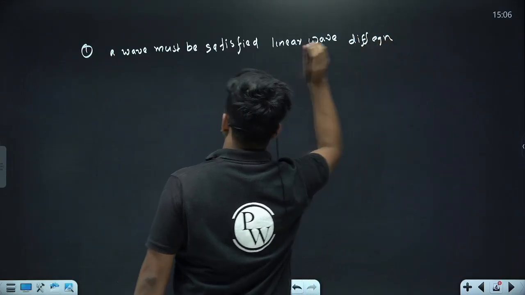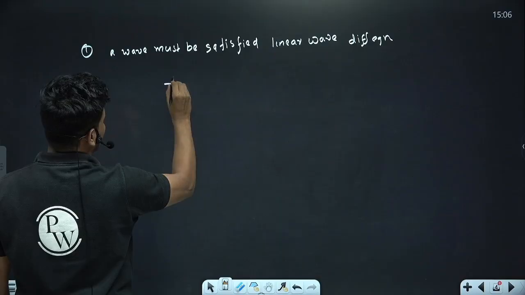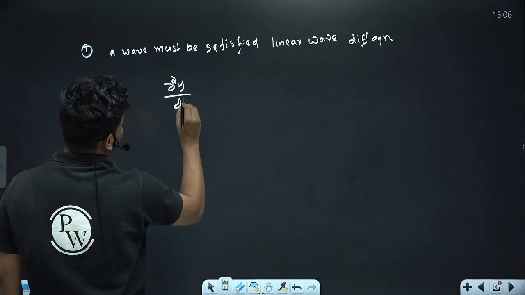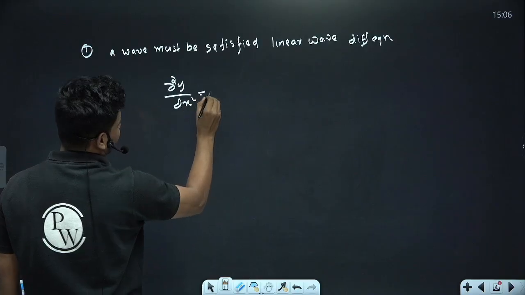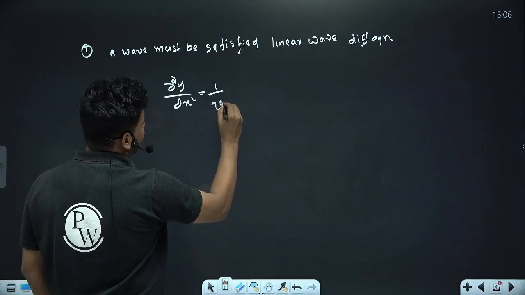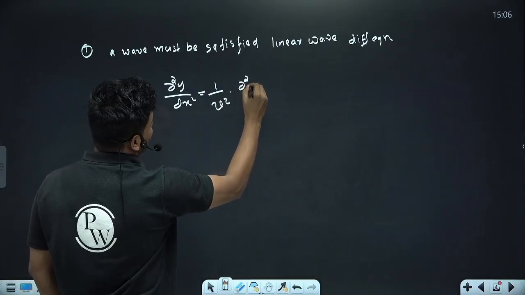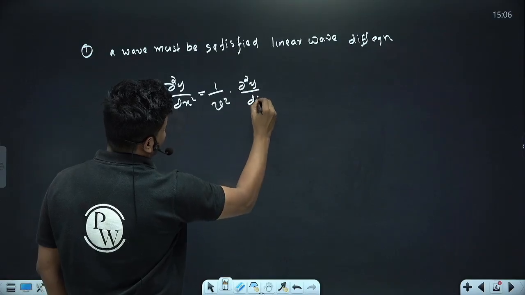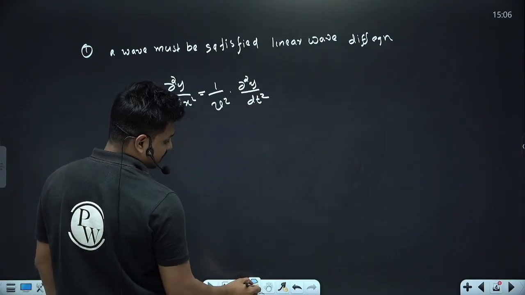What is that expression? It is d square y by dx square is equal to 1 by v square into d square y by dt square. Okay, this is that expression.